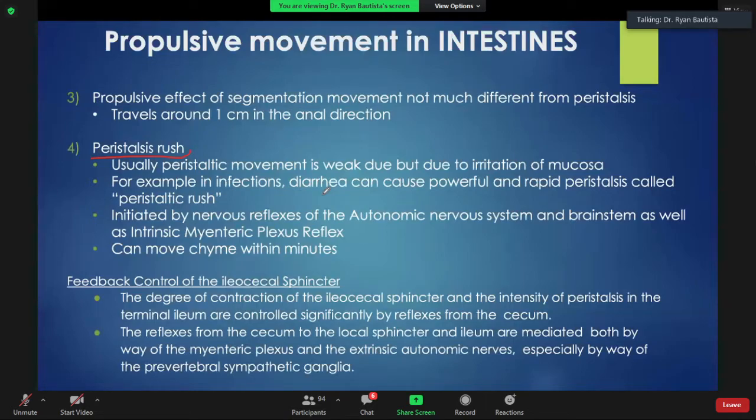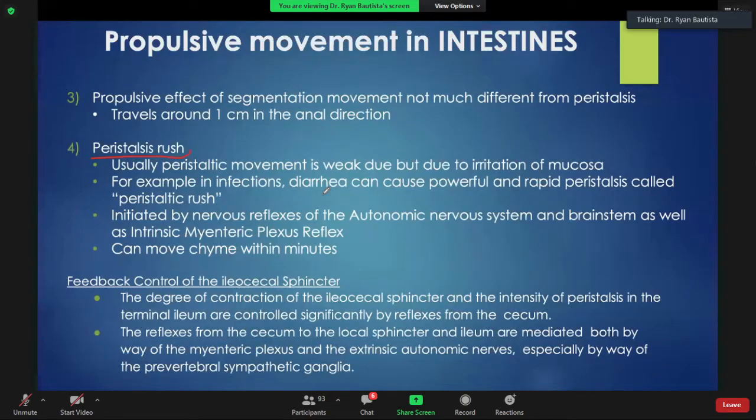What can increase the peristalsis of your small intestines, my dear students? Yes, Ali, what's that? Coffee. Coffee can increase it, probably because of the acidity of the coffee, right? But what can irritate your mucosa?